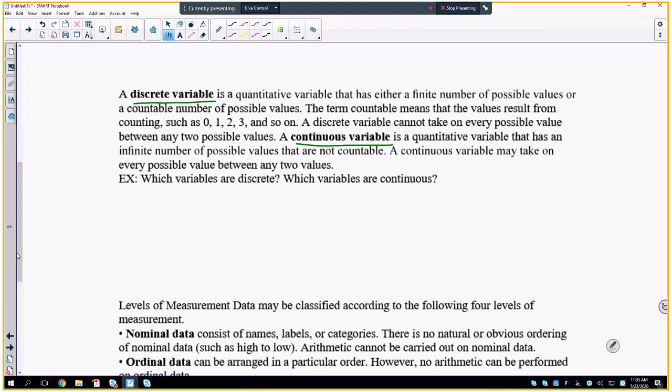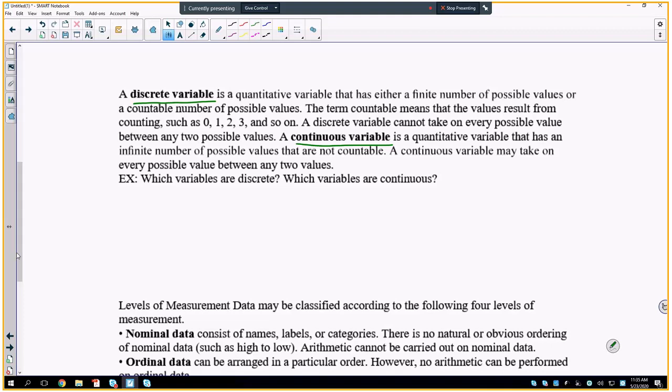We can't necessarily say that there's a finite number because we could keep counting to infinity, but it is countable. A discrete variable cannot take on every possible value between two possible values. Cannot. So a continuous variable is the other one.